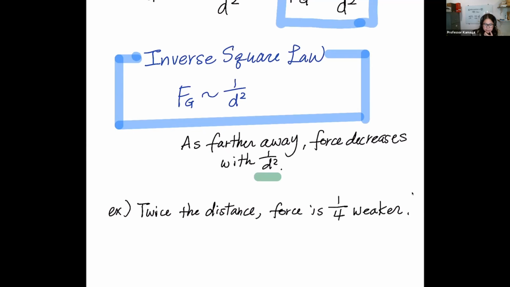And imagine what it also means is that as the distance becomes infinity, so if you put the two objects farther and farther away, bigger and bigger distance away, the intensity of the force is going to approach 0, but it never actually reaches 0.